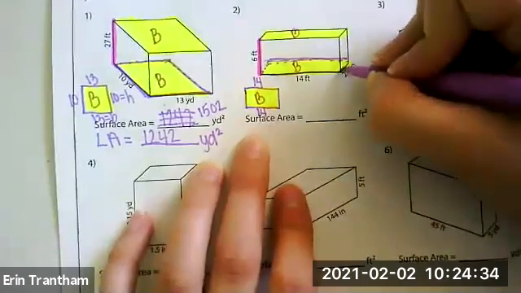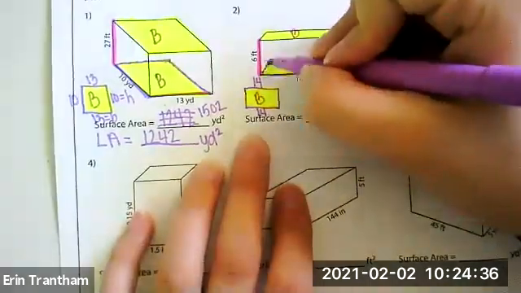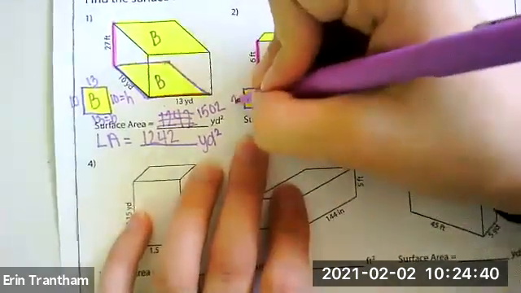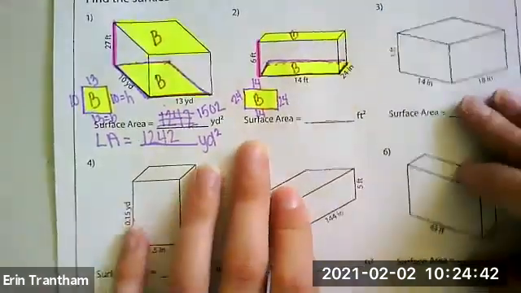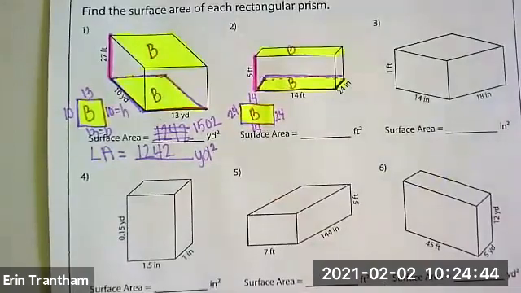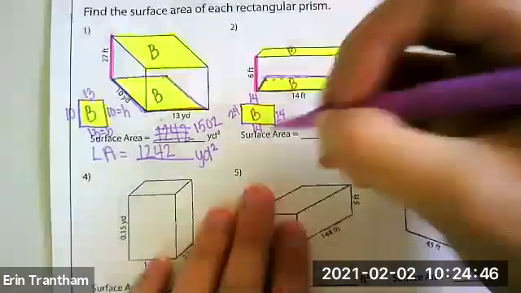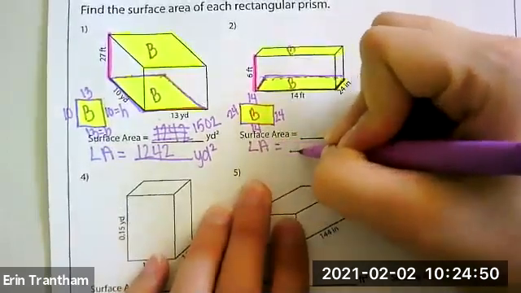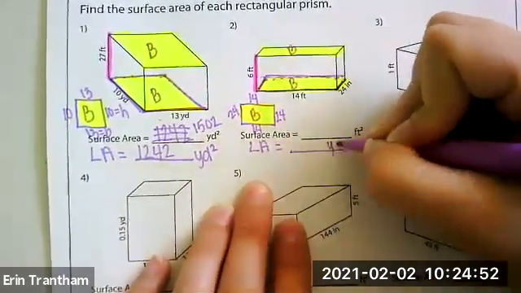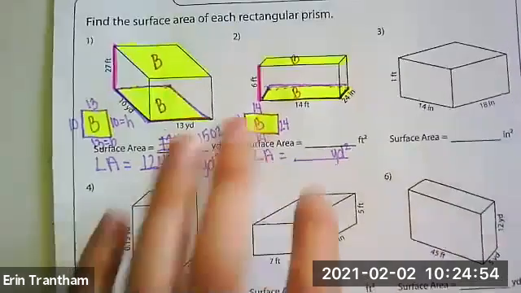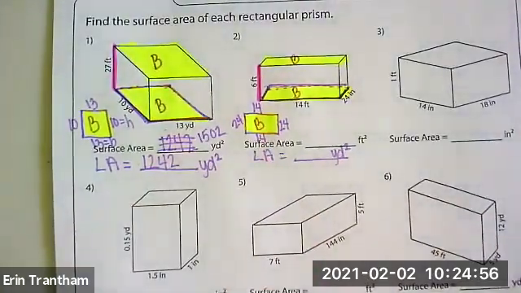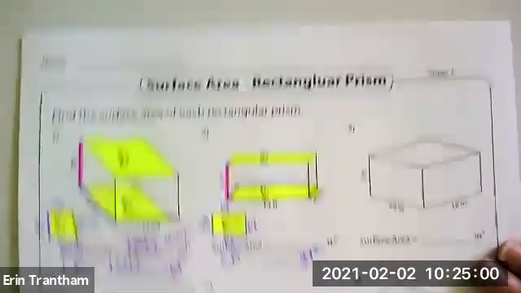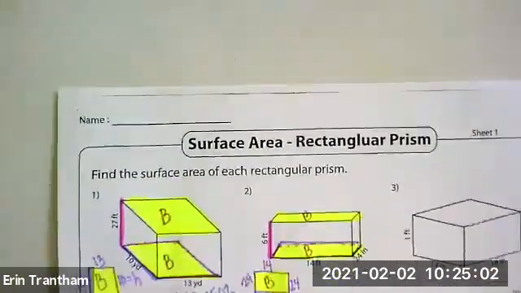If this is 24, this side is 24 because it's parallel. So this is 24 and this is 24. And let's add our line down here for lateral surface area. Okay. So if we're solving for lateral and total surface area, what formula are we going to use?